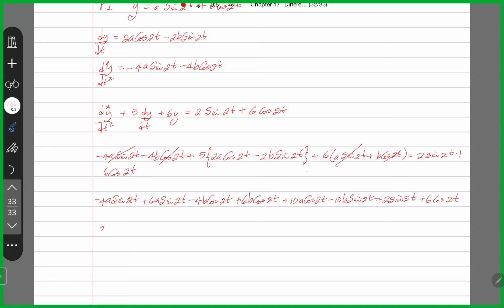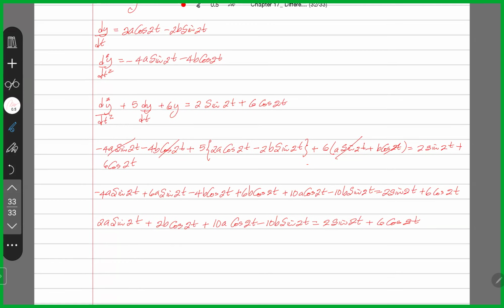So this is 2a sine 2t plus 2b cos 2t plus 10a cos 2t minus 10b sine 2t is equal to 2 sine 2t plus 6 cos 2t.